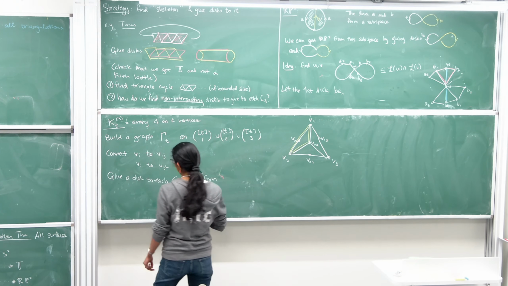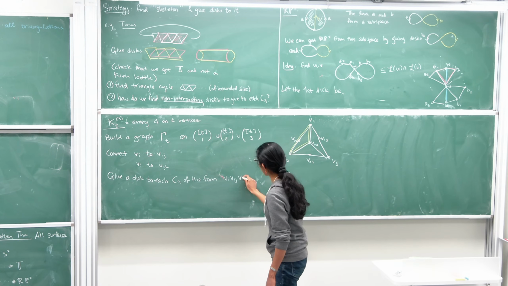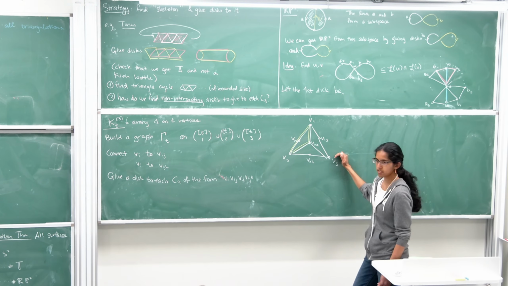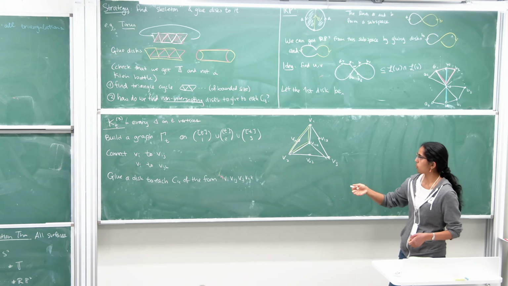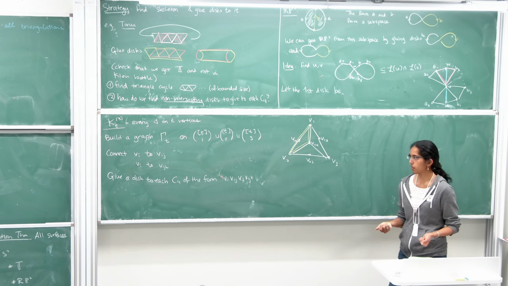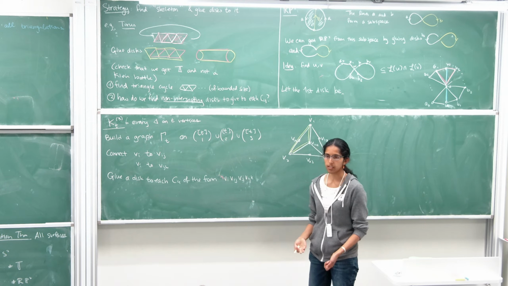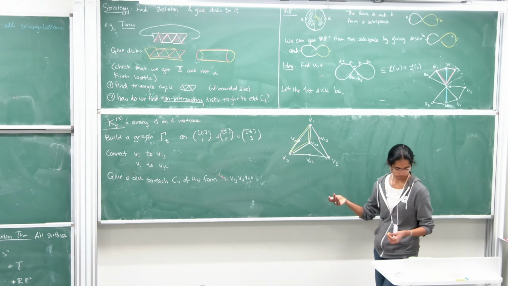So we're going to glue a disk to each C4 of the form b_i, b_ij, b_j, b_ijk. So once again, if we can find a copy of this graph I've described, where each of the C4s is something we can glue disks to, and the disks have to be non-intersecting, that's pretty important, then we're done.